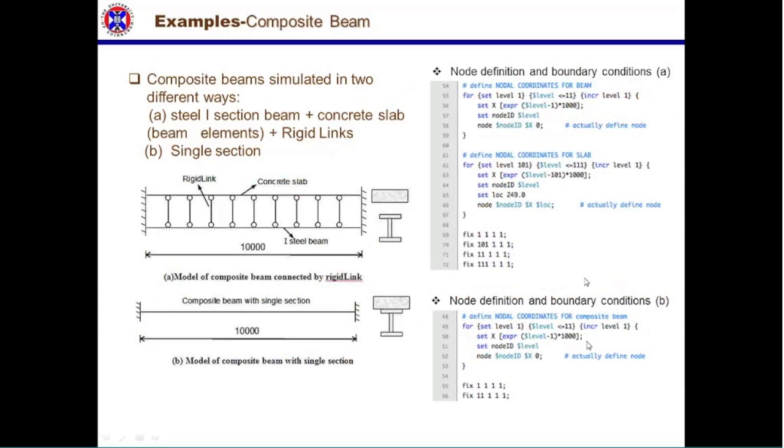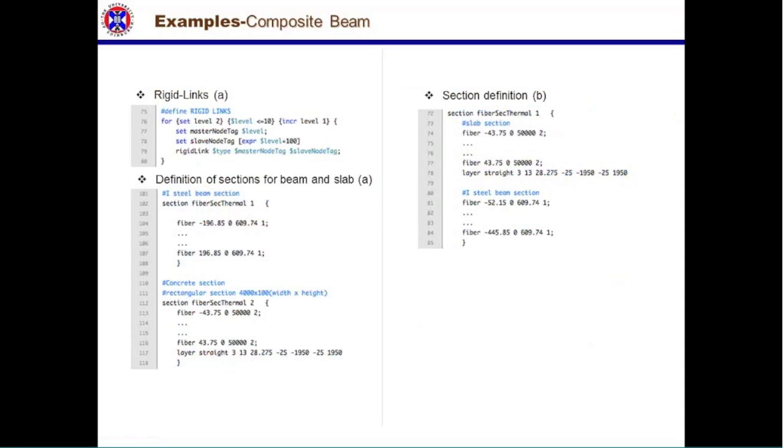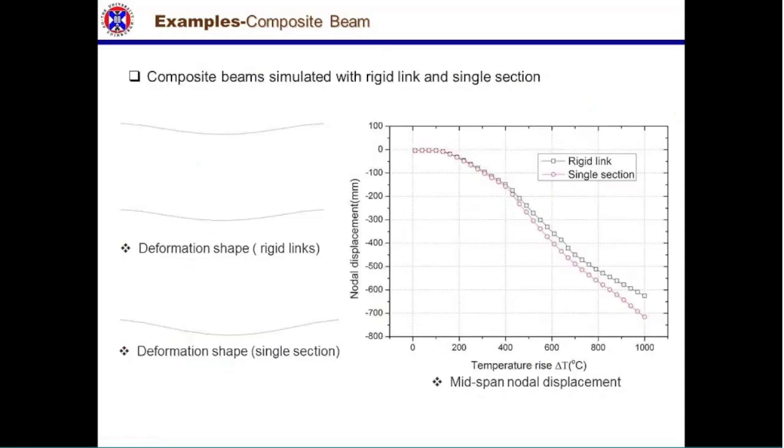And so you've got the syntax for the TICO file defined here. And if you look at the results, you get the deformation shapes as we expect. And if you plot the midspan vertical displacement, the two models, the rigid link model and the single section model, give slightly different results, which is expected because the rigid link model is more constrained.